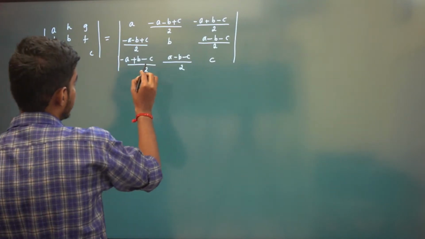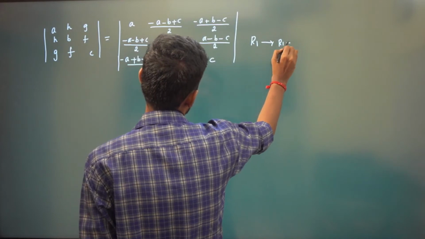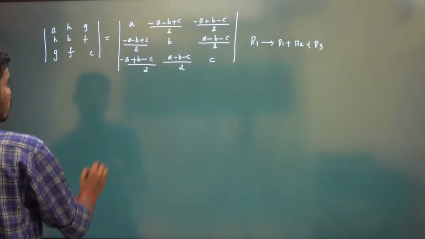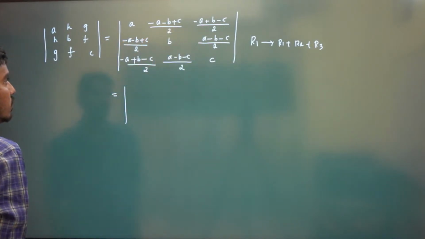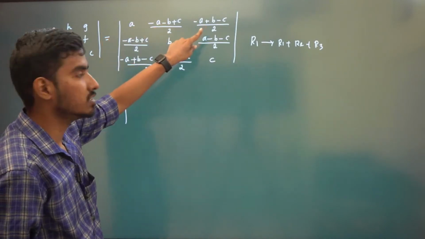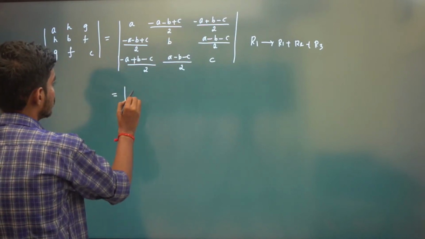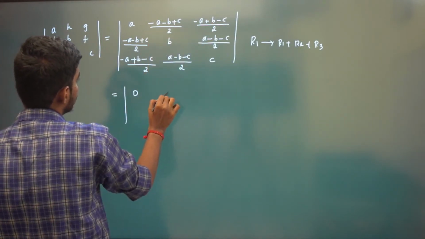Now you just make use of the operation R1 = R1 + R2 + R3, right? If you make this row operation, R1 + R2 + R3, you will have 2a - a will be 0, -b + b will be 0, c - c will be 0, and similarly the rest will give you 0.